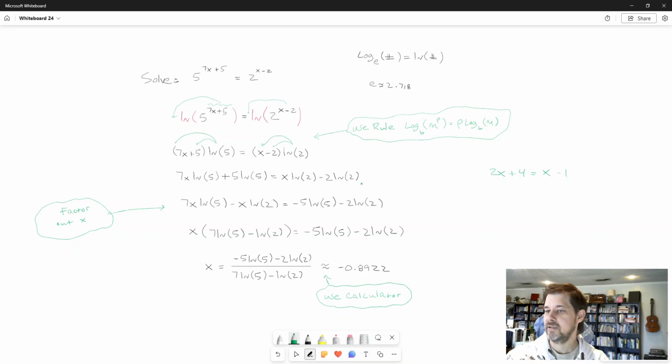What I have over here is a more complicated version of that. The way I would solve this is I would move this x over here with this other one, and I would move this 4 over there with that number. x is on one side, numbers on the other. And whoops, 2x minus x.